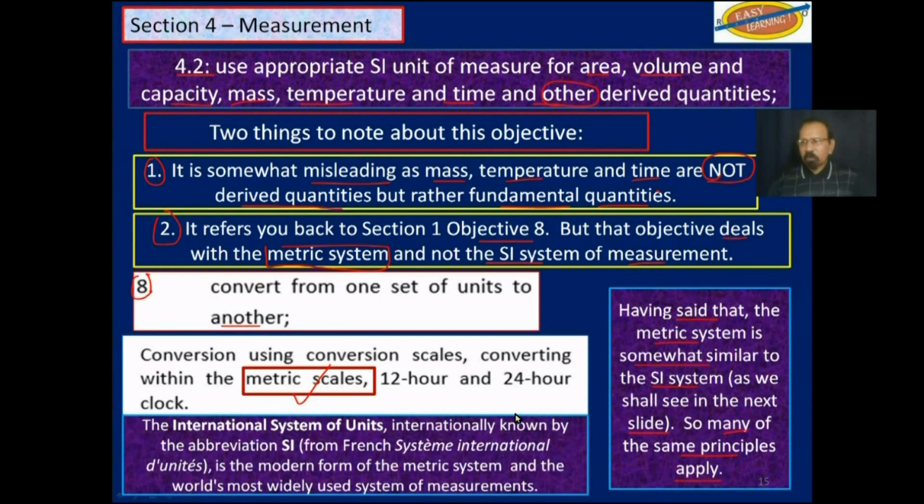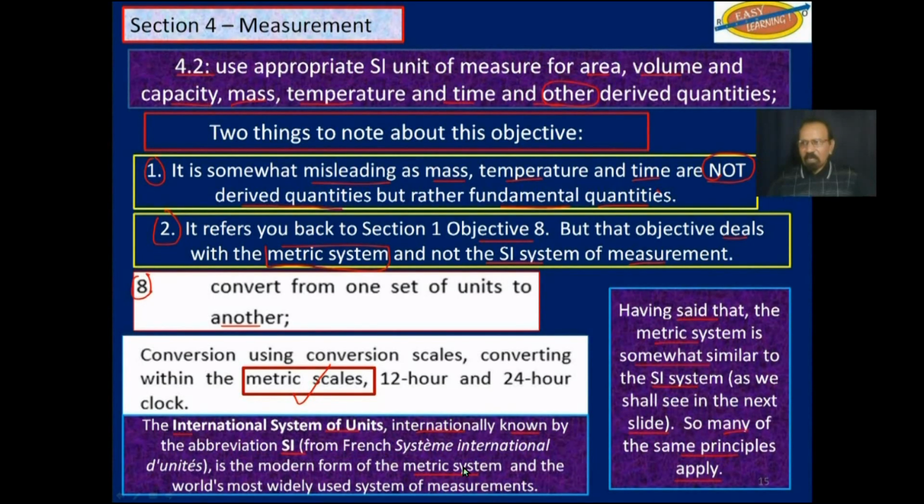One historical note: the International System of Units, internationally known by the abbreviation SI from the French Système International d'Unités, is the modern form of the metric system and the world's most widely used system of measurement.